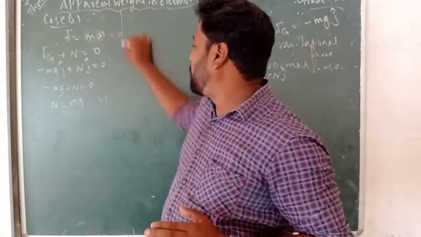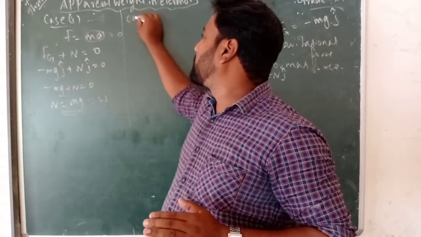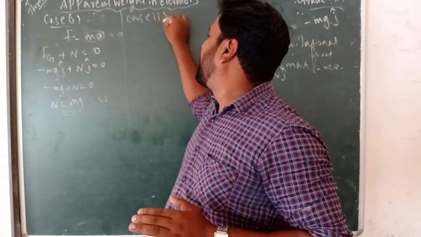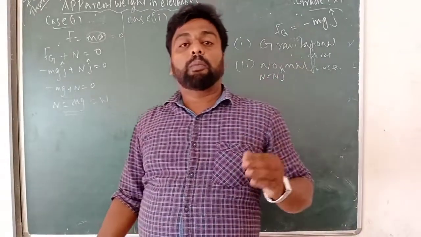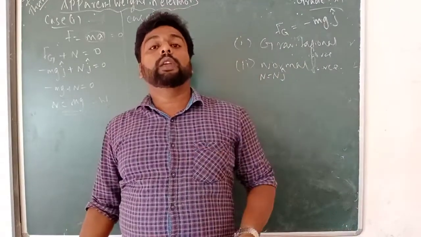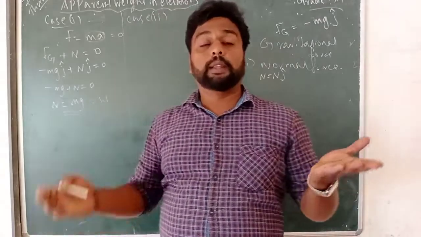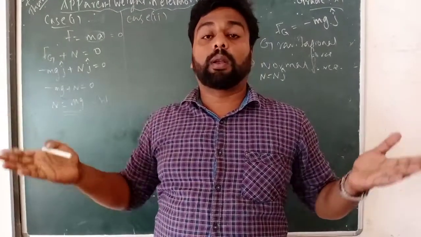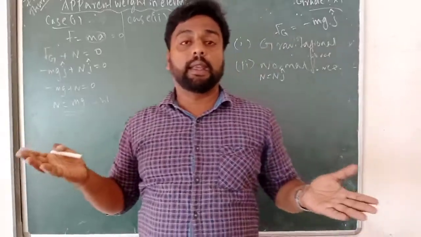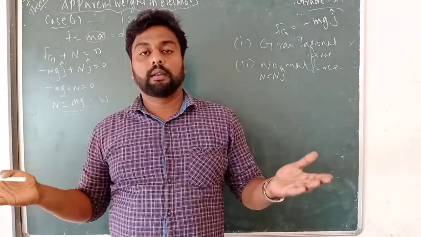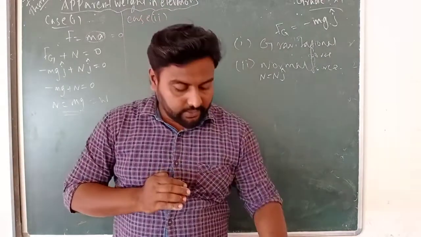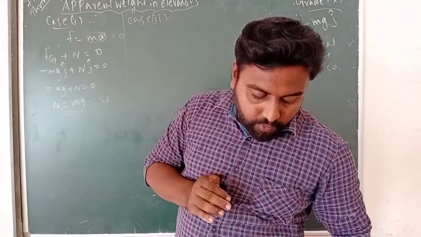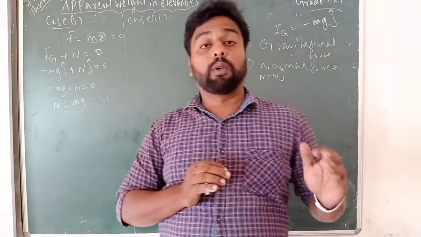Now case 2 is the same. Case 2 is when a person is inside the elevator, but it is moving uniformly. Uniformly means constant velocity, not accelerating, not decelerating, just moving at uniform speed, either upward or downward.